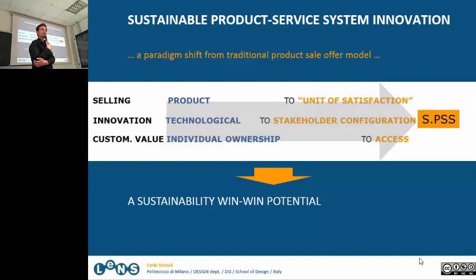It is because it is in the interest of the company, or the entrepreneur, or the alliance of companies offering or providing products and services, to design those products and services with a low environmental impact. So it's an economic and competitive interest to design products with a low environmental impact, which in a traditional product sale offer doesn't happen all the time. Please remember this.